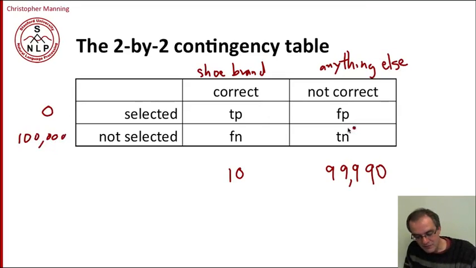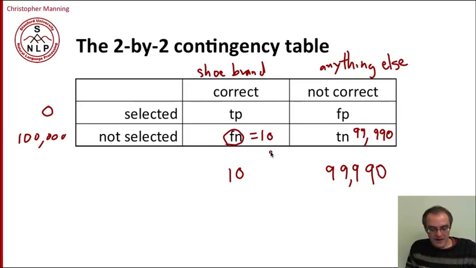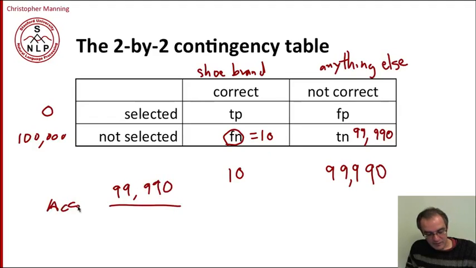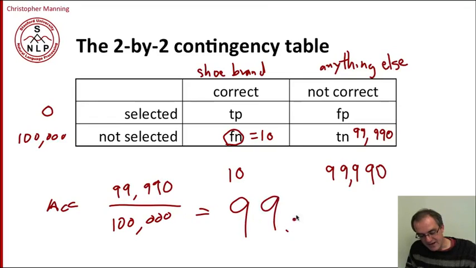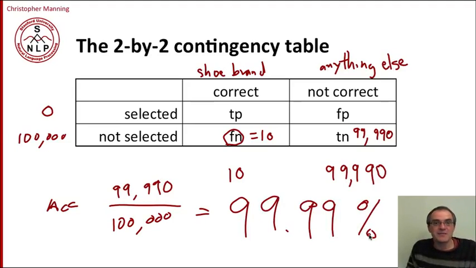And so that means the number of true negatives is 99,990, but there are false negatives, words that were shoe brands, and the number of them is 10. So if we then actually work out the accuracy of this system, you'll see that the accuracy of the system is 99.99%. So we have a 99.99% accurate system, but the system has done precisely nothing.